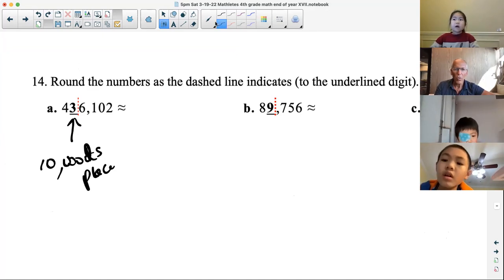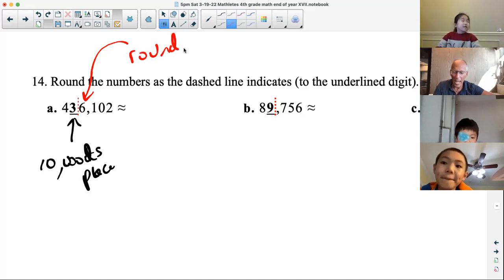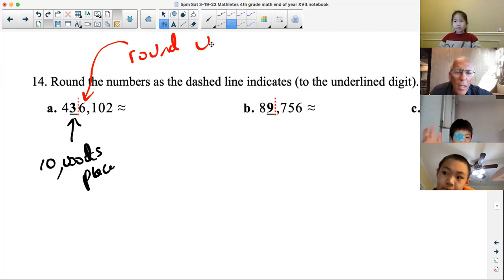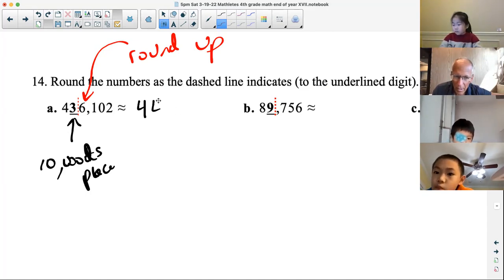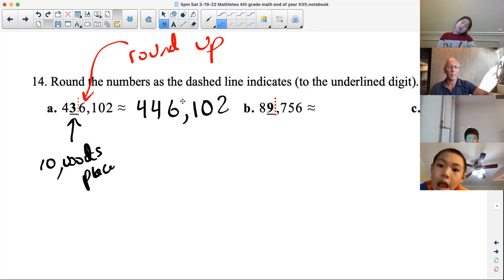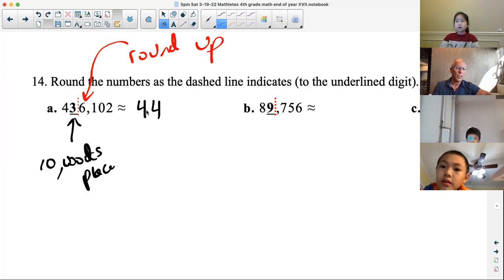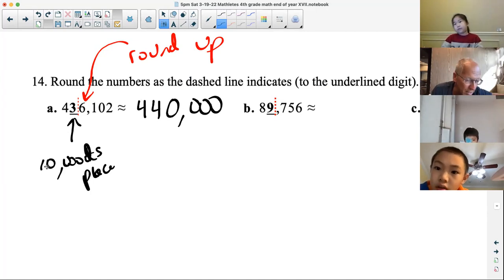Oh, what does the 6 tell us? We need to round what? Up or down? Up. So the 3 becomes a 4. Answer? 446. So it's 440,000. And that's rounding to the nearest 10,000.